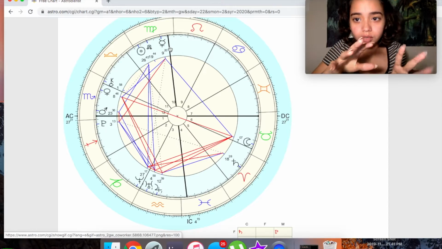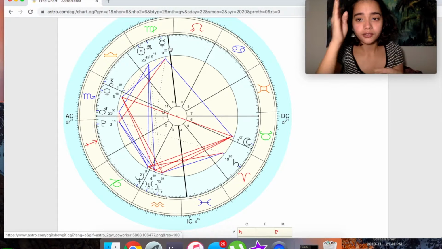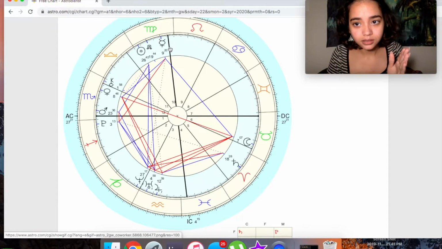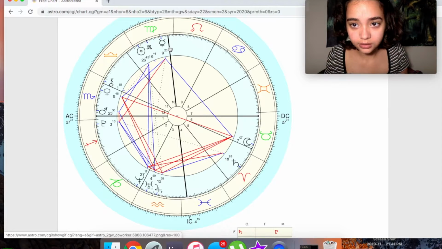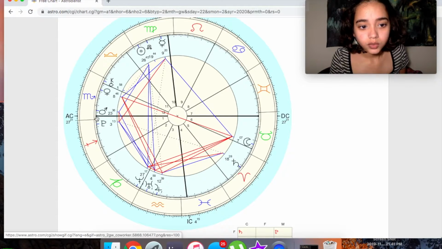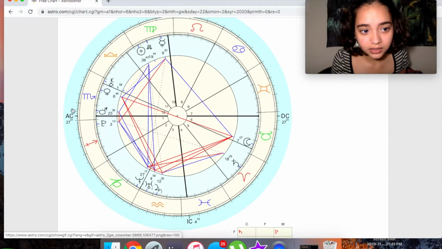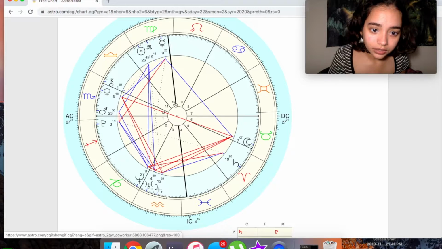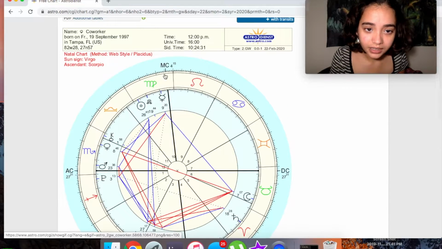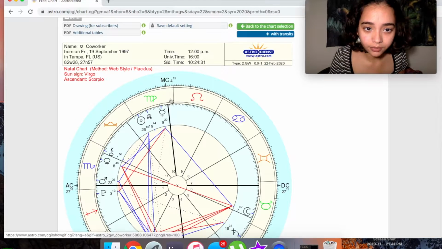So in this circle that we have here, we have it divided into 12 pieces, which would be the 12 signs. Now, as you can see, this one line here is the ascendant, AC, and descendant, DC. Then these two lines right here are the IC and MC, your midheaven.